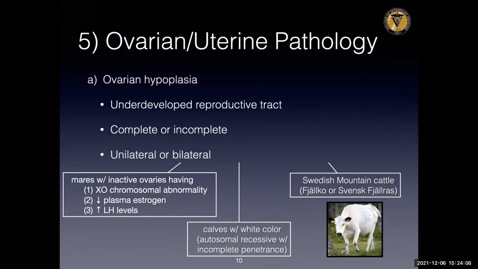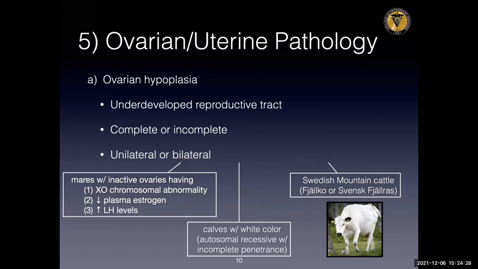And in mares, inactive ovaries could be unilateral or bilateral, and that can be because of a chromosomal aberration, where instead of having two X, you see an XO.